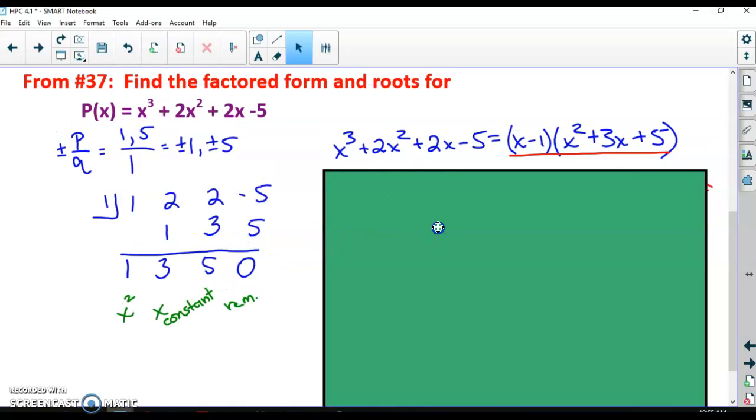I can break down p of x into x minus 1, since we synthetically divided by 1. x minus 1 would be the factor, and then x squared plus 3x plus 5. Now what I should do is try to factor x squared plus 3x plus 5. A quick look into that tells you that's not going to be successful. We're not going to be able to make any progress with that.